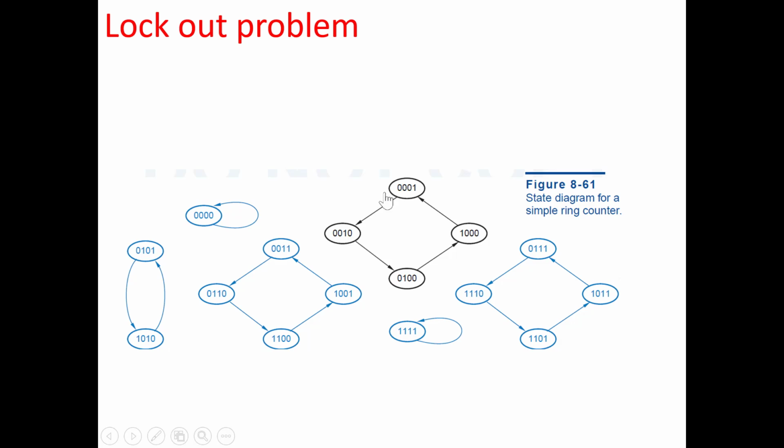Only this black colored one is the valid counting sequence for the ring counter. So your ring counter may go into either this loop or this loop or this loop or this loop. We can definitely check these two loops by using the DSCH software in a moment. We'll see how the lockout problem will appear in a ring counter.